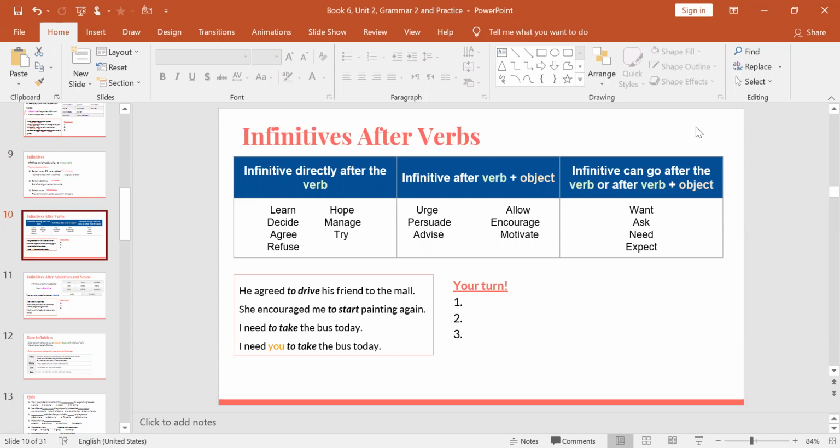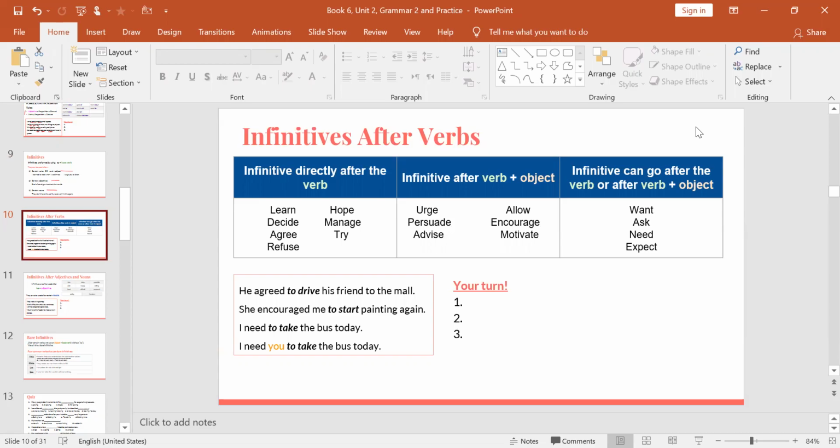So see the pattern, try and work with the pattern. Don't focus so much on trying to memorize each matrix or each box. Okay, so let's look at the examples and figure out which box they go into.